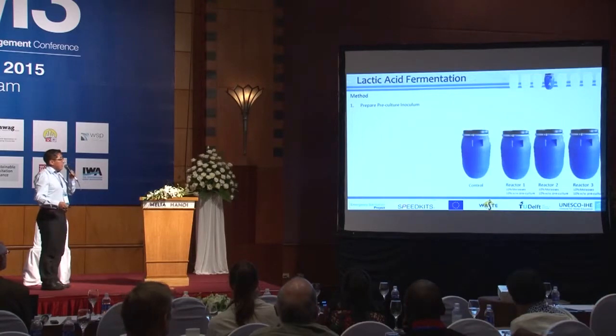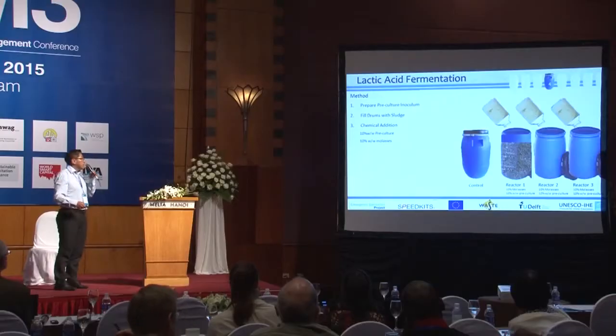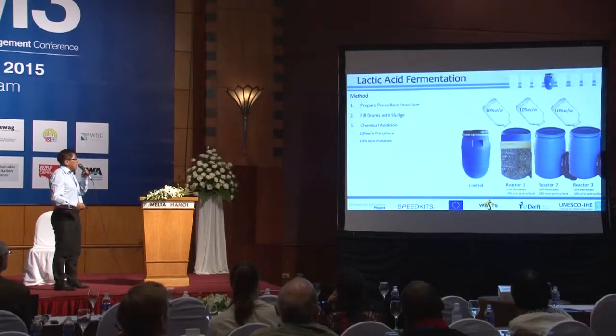Once we have it, we had 4 different reactors in triplicate and 1 control. We filled the drums with sludge, and we added the 2 additives to use this method. The concentration was 10% weight to weight.